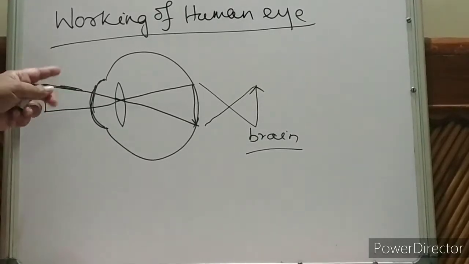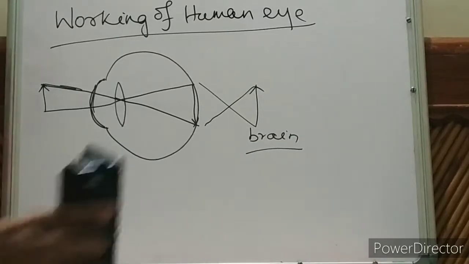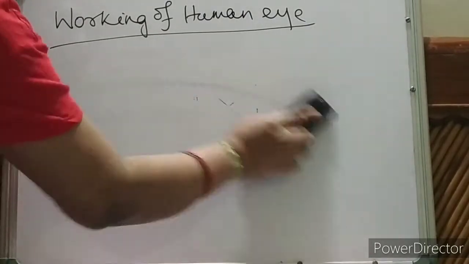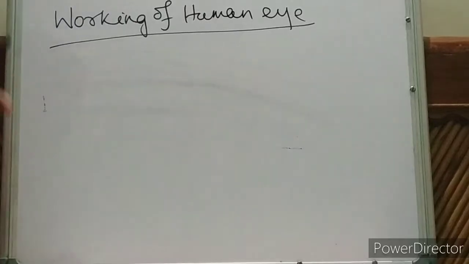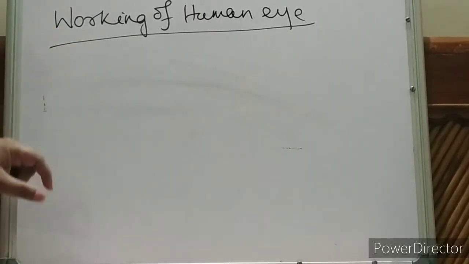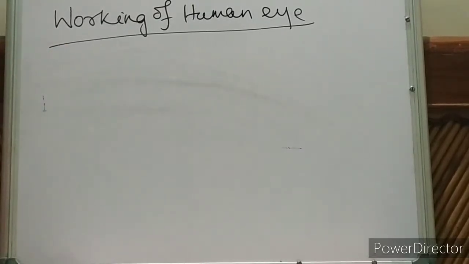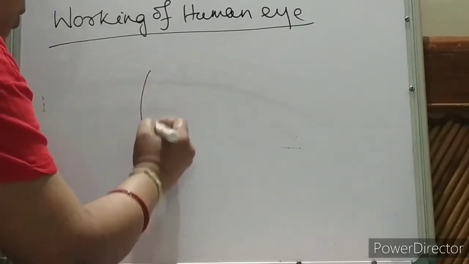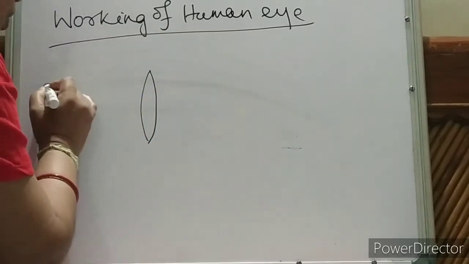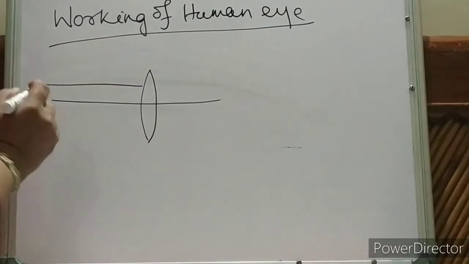Let's start with the normal distant vision. Let me erase this. Here, the normal distant vision, the eye muscles are relaxed. So, parallel rays from the distant object. Let me draw the lens. This is your principal axis.